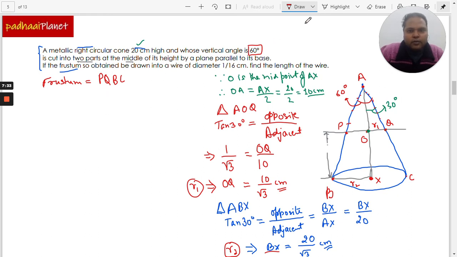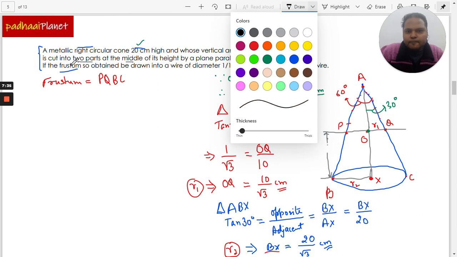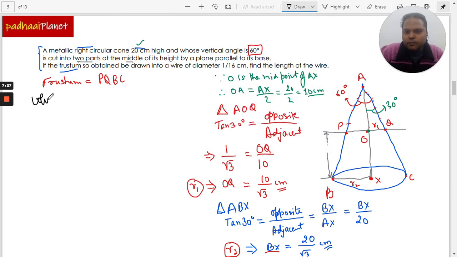So the volume of the frustum is equal to, so we know the formula, that's 1 over 3 multiplied by 22 over 7, and height is 10 because OX is the height of the frustum, and that's equal to 10, right?